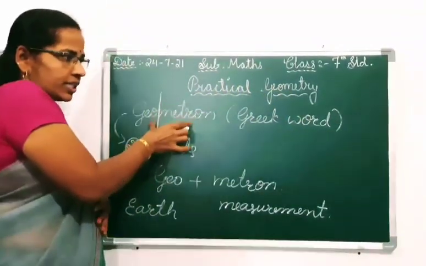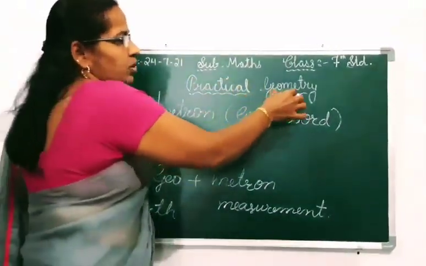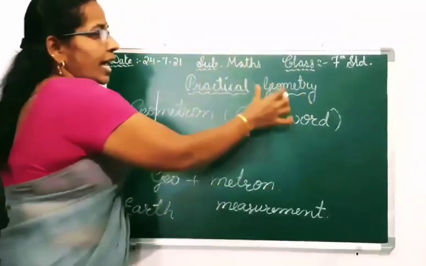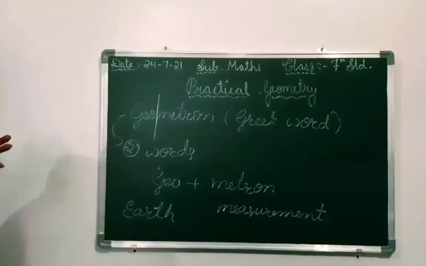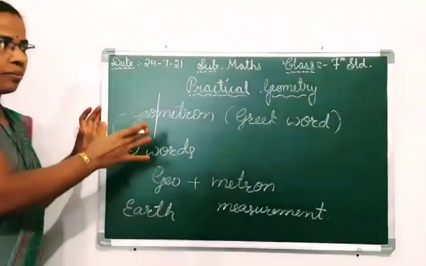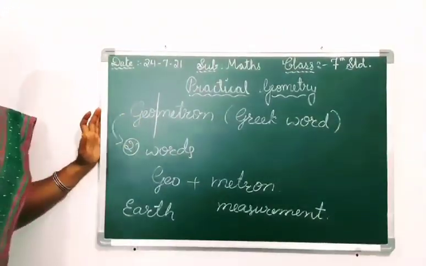Actually geometron is a Greek word, and later you can observe the word geometry, which is an English word. What is the meaning of geometry here? Earth measurement. We use geometry especially for measuring areas.